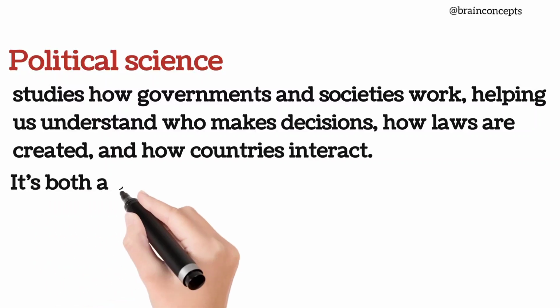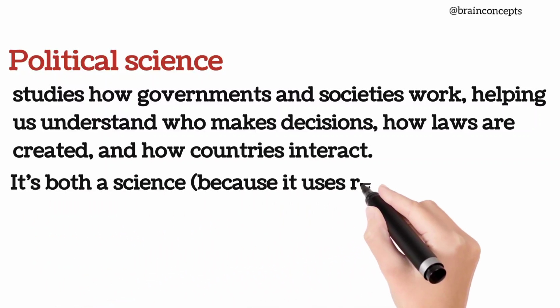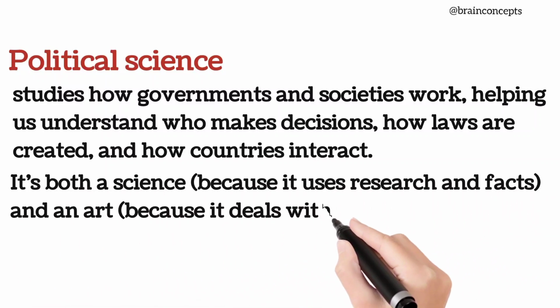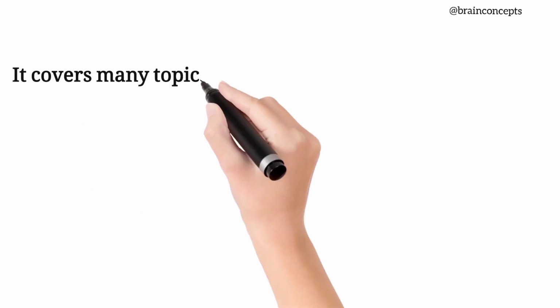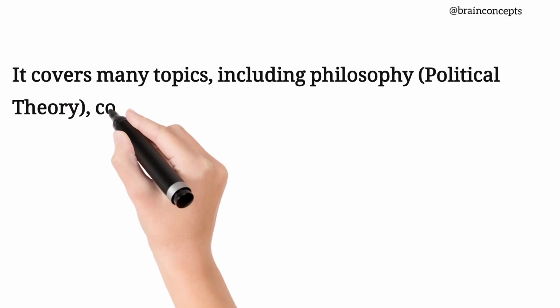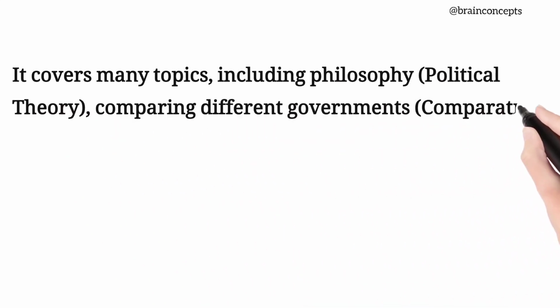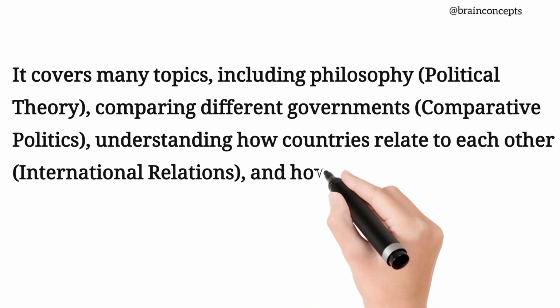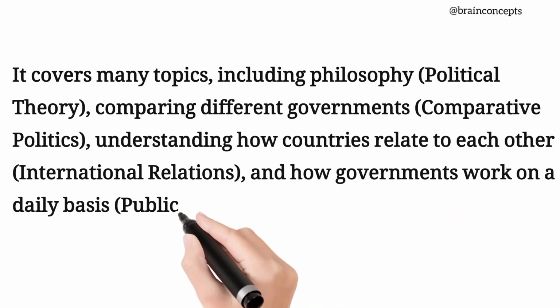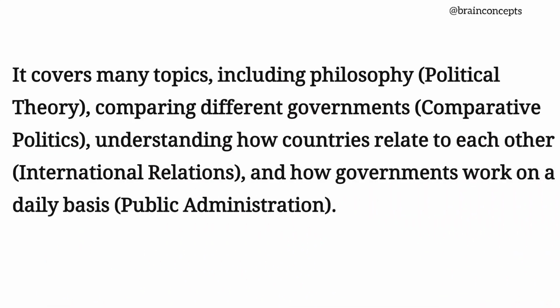It's about science and art, which involves research, facts, and also human emotions and decisions. It covers many topics, including philosophy, comparing different governments, understanding how countries relate to each other, and how countries and governments work on a daily basis.